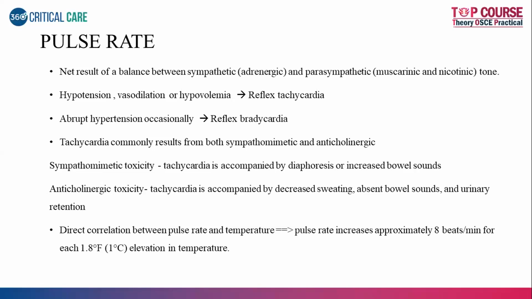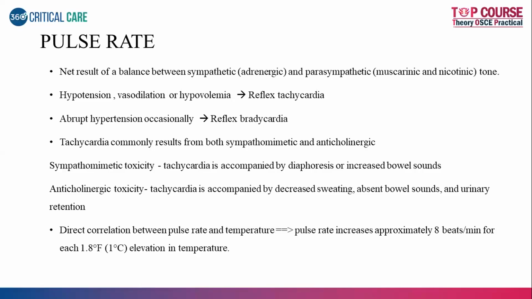But how do you differentiate between them when a patient comes with tachycardia after any consumption? In sympathomimetic toxicity, the tachycardia is usually accompanied by diaphoresis and increased bowel sounds. Whereas in anticholinergic toxicity, the tachycardia is usually accompanied by dryness, that is decreased sweating, absent bowel sounds, and urinary retention.